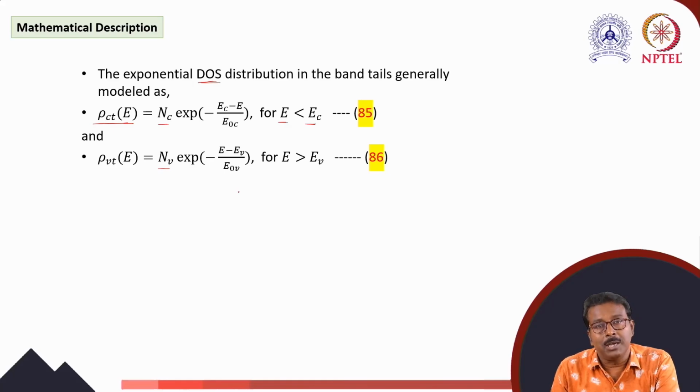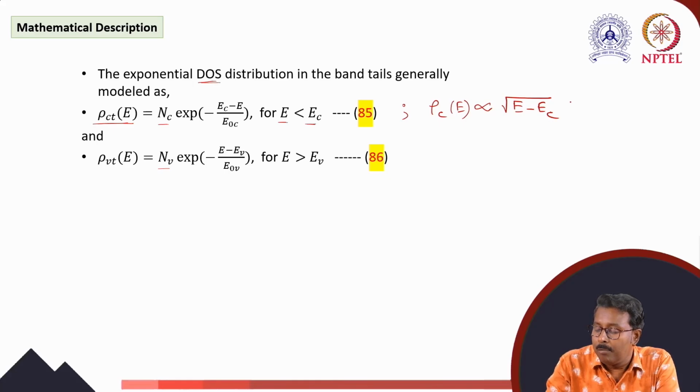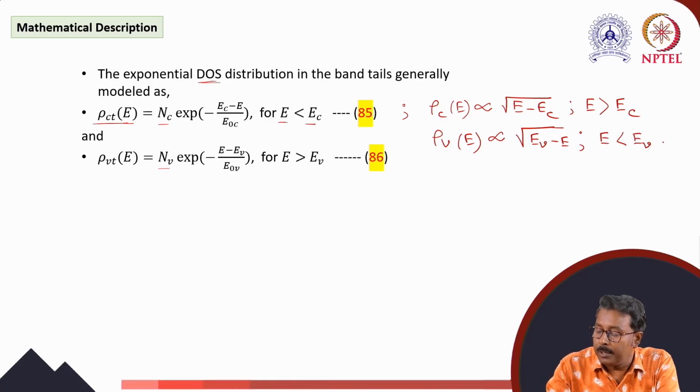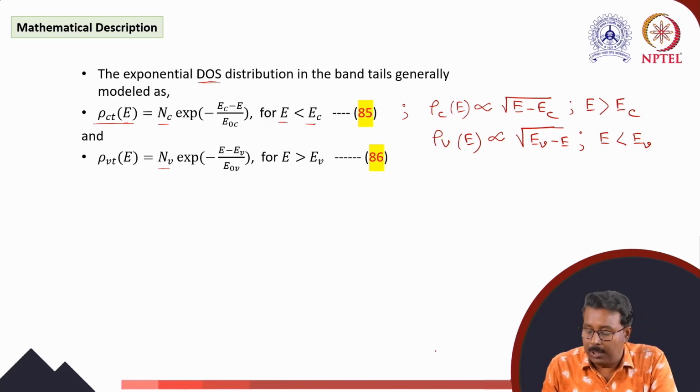But in case of semiconductor material, the density of states is proportional to the square root of E minus Ec and square root of Ev minus E. So in parallel, if we write, rho C of E is proportional to the square root of E minus Ec for E greater than Ec, and rho V of E is proportional to the square root of Ev minus E, for E less than Ev.